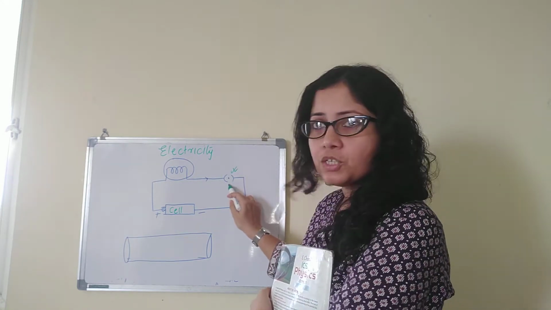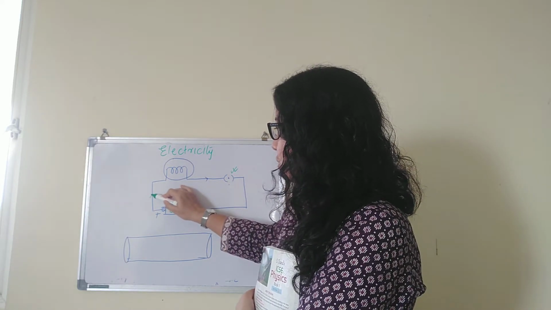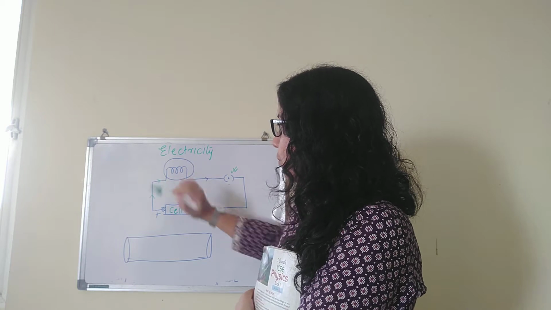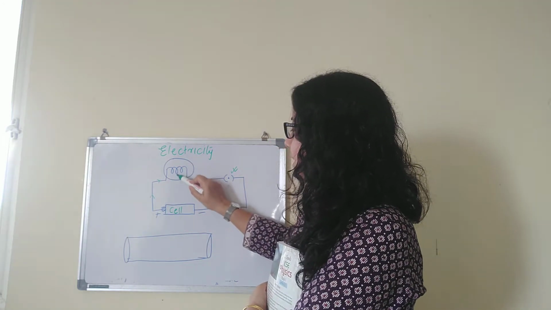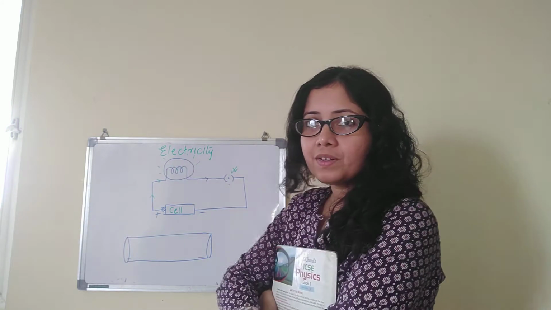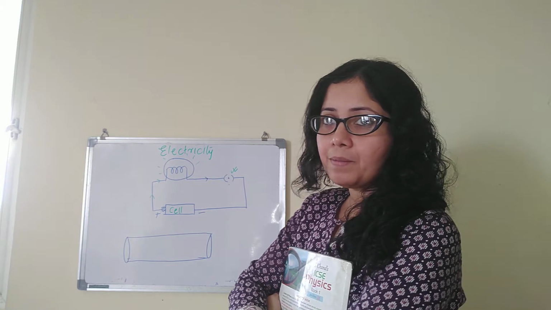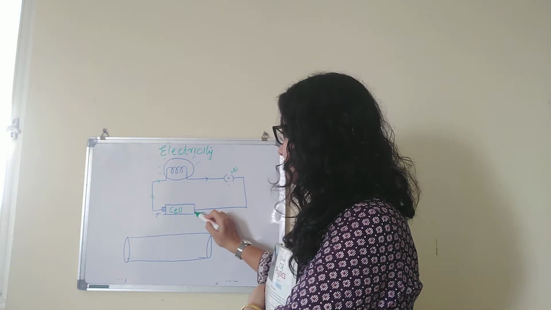So when I switch it on, what will happen? The current will start flowing, and then the bulb will glow, okay? So it will light the bulb, and this wire is connected to the negative terminal.